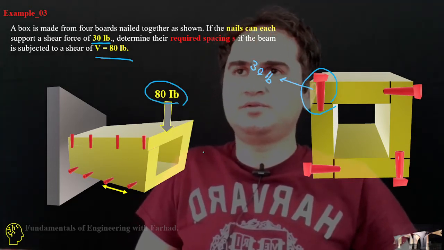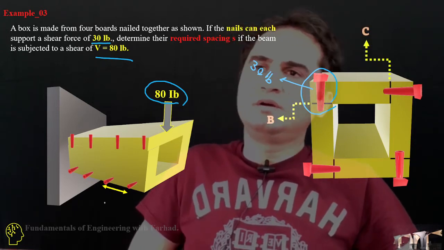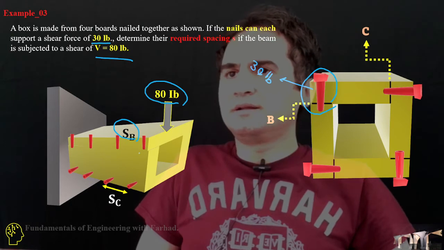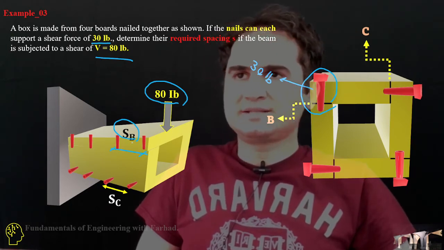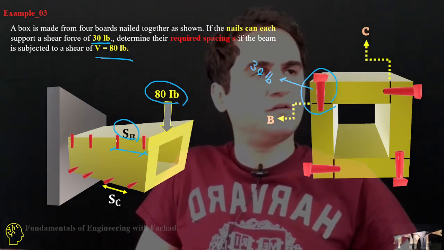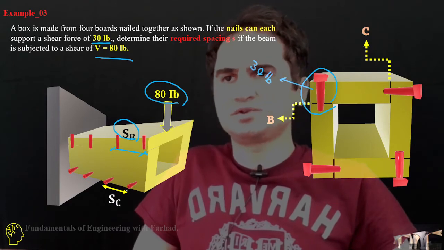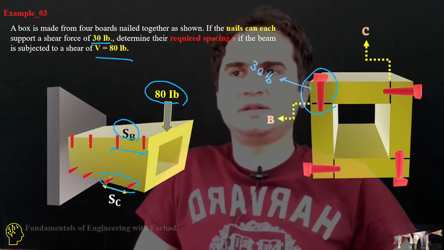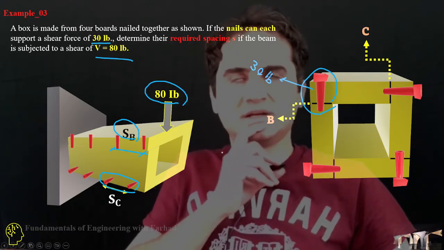And then we want to know what is the vertical distance of vertical nails, and also the distances between the horizontal nails at this cross section. Let's see how we can approach this problem.